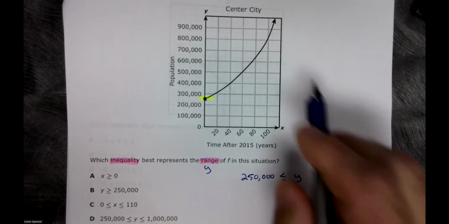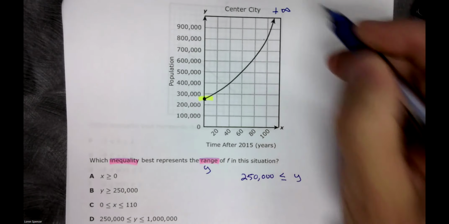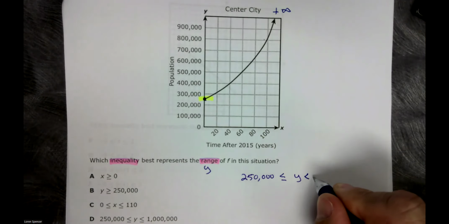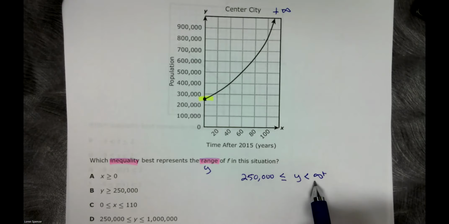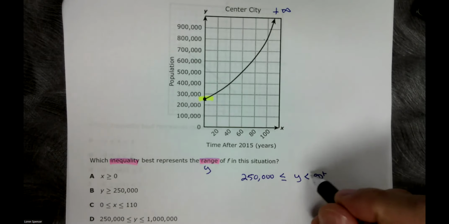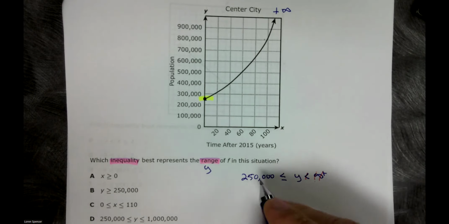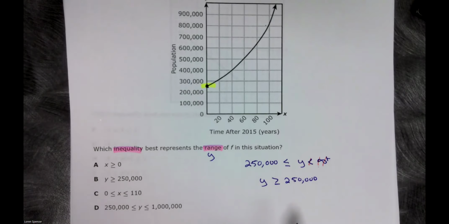Less than or equal to y, and we have an arrow. This arrow is continuing up to positive infinity, so less than positive infinity. Anytime we have infinity, that means all real numbers, but we're not allowed to include that in our answer. So y is greater than or equal to 250,000. And we're looking for an answer choice that looks like this.